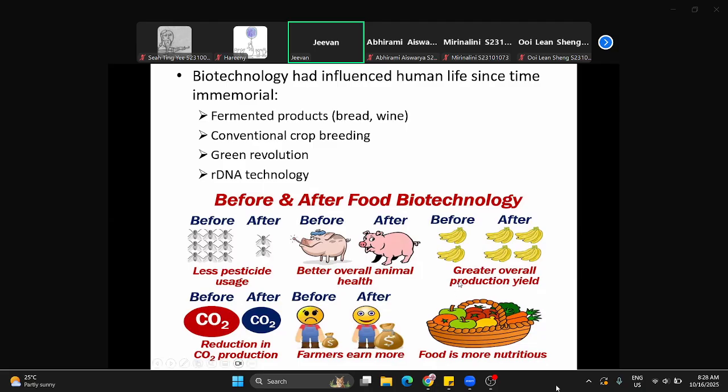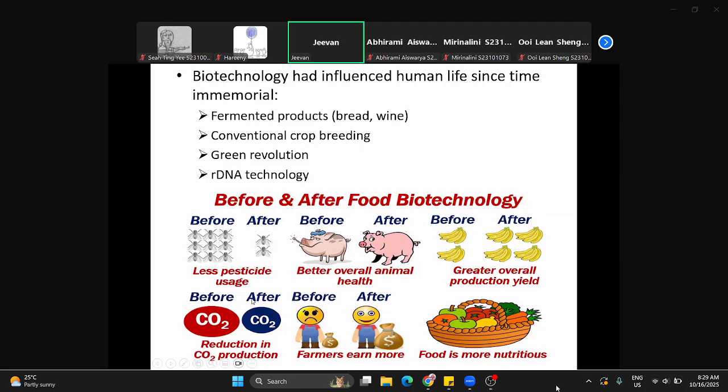We also found that through biotechnology, greater yield can be produced by undergoing certain mutations to the plants, also by rDNA technology. Even before this, farmers had been doing this through selective breeding, but biotechnology has currently amplified the progress. So we can progress faster, make new inventions faster compared to selective breeding.